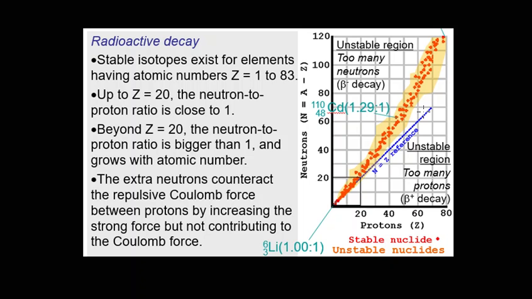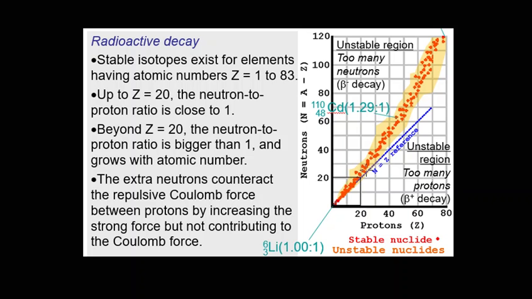But eventually, you have to add in so many neutrons that the nucleus becomes weaker and weaker and does not want to hold together. This chart here shows this process up until about element 20. You have basically a 1-to-1 ratio of neutrons to protons.